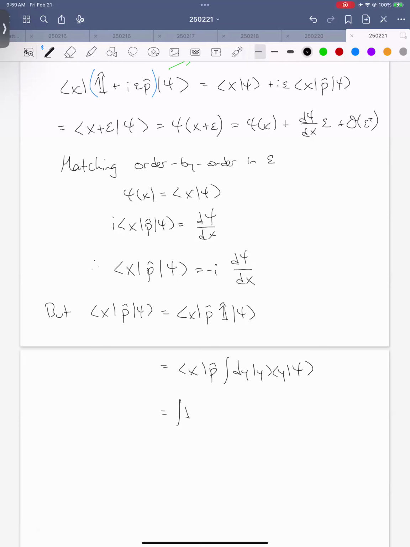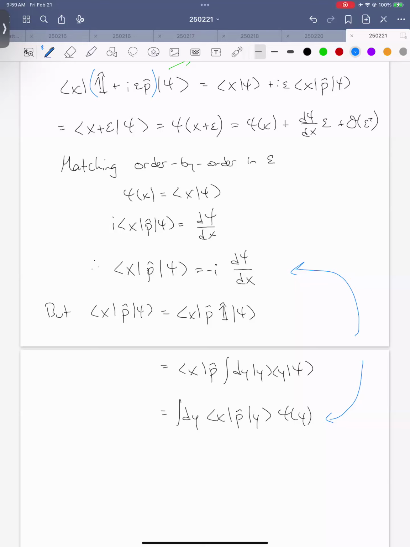And so this will be bringing the integral out. The matrix element of p that I'm interested in, and then I've got my wave function as a function of y. And I'd like to connect this result with the previous one that I have up here.